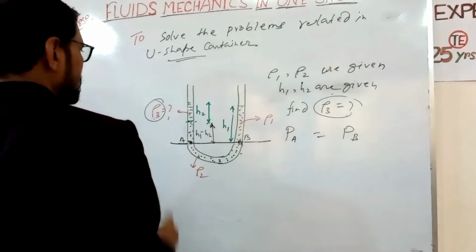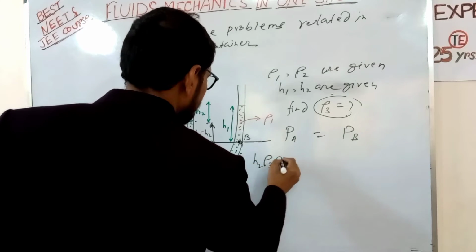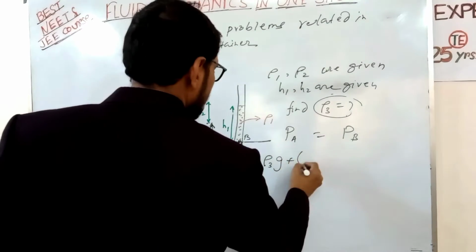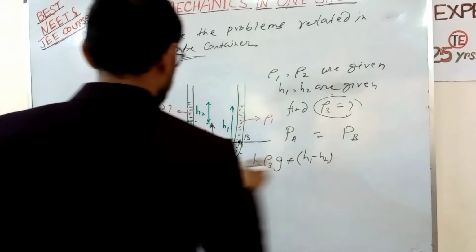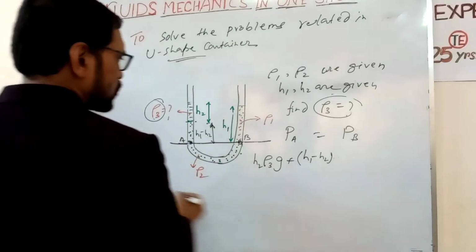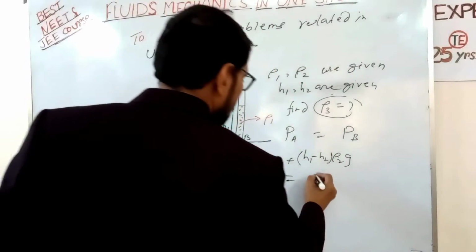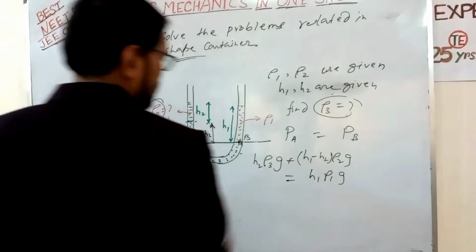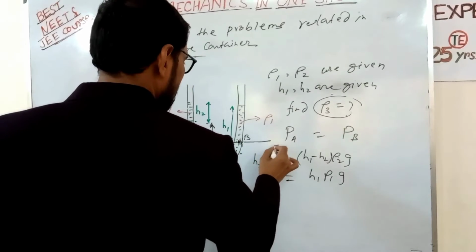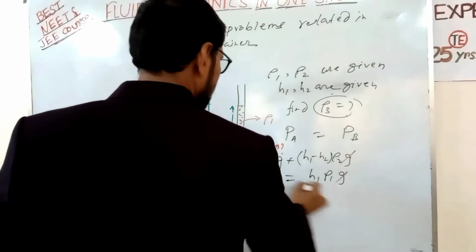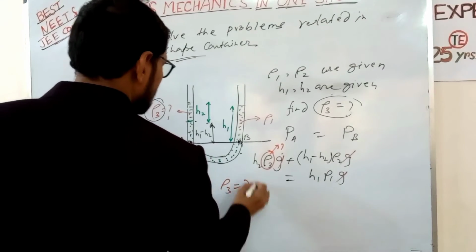So the pressure is h2 rho3 g plus (h1 minus h2) rho2 g. Now the pressure at B is h1 rho1 g. From this we get rho3, which is unknown. g cancels, and h1, h2 are all given, so we get rho3 from this.